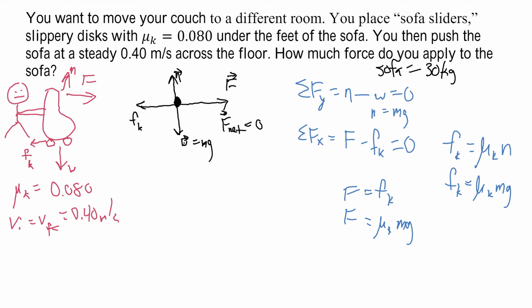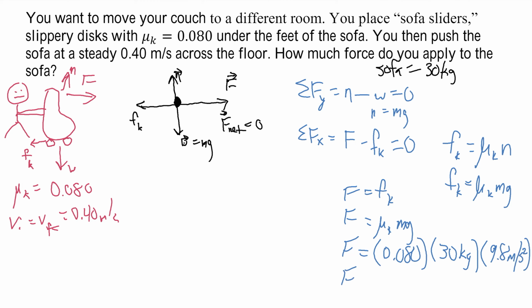So now I can solve for F. The mu sub K is 0.080, that's the coefficient of kinetic friction. The mass is 30 kilograms. And g, of course, is 9.8 meters per second squared. So what is the force that I am applying to get the sofa across the floor?